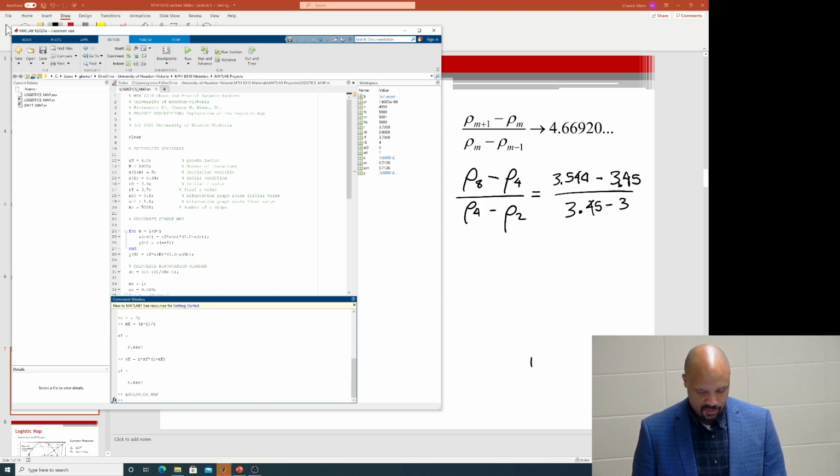All right, I'm going to call it Fn equals, well, let's do this. First let's start with R. I'm going to say R2 equals 3.